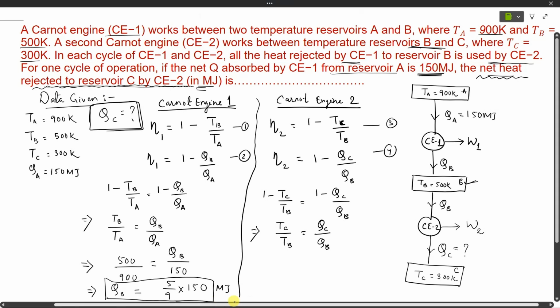Now let's substitute the magnitudes of all these parameters. TC is 300, TB is 500 Kelvin, equal to QC, which we have to find out as per the question, and QB, for which we already have the value, that is 5 by 9 into 150. So let's substitute here 5 by 9 into 150.